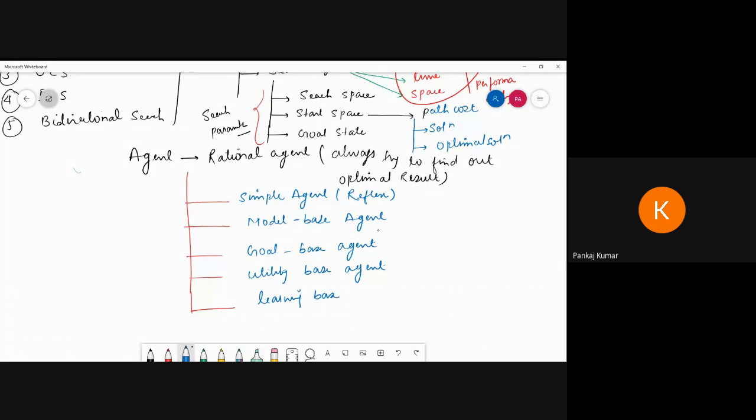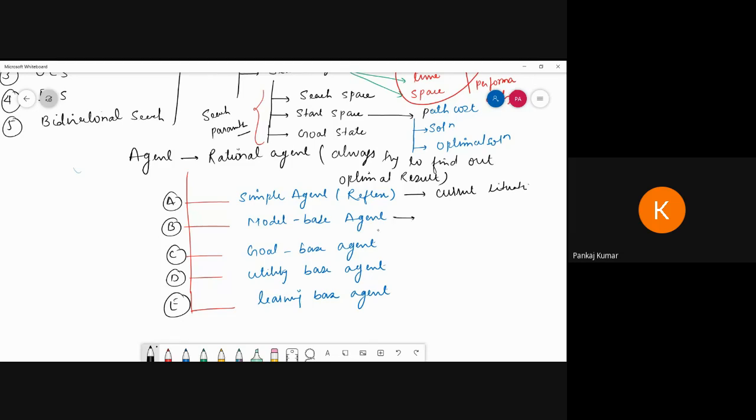So these are the types of agent, A, B, C, D, and E. Every agent has its own advantage and disadvantage, so that is important for the beginner. Suppose the simple agent works on the current scenario, the current situation.